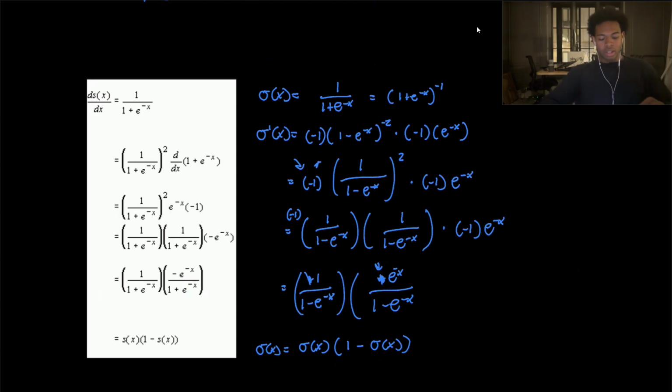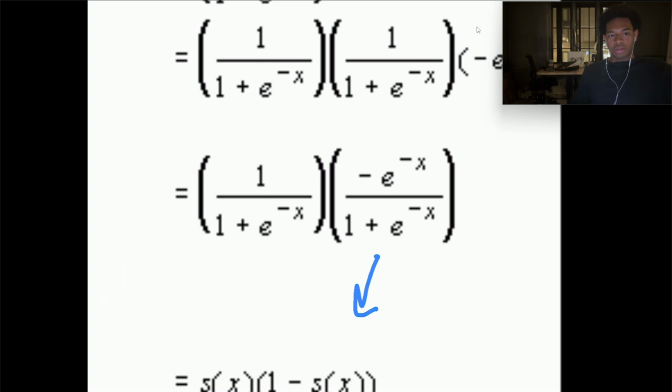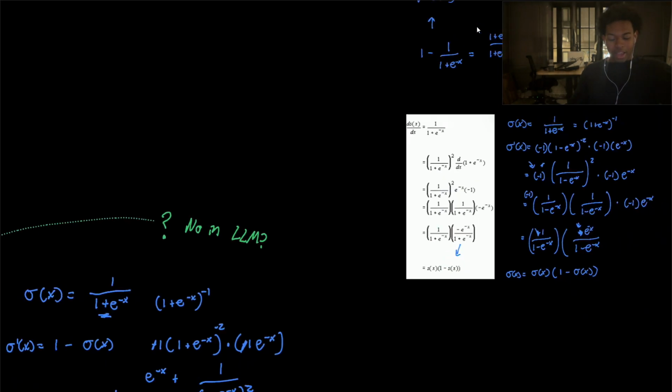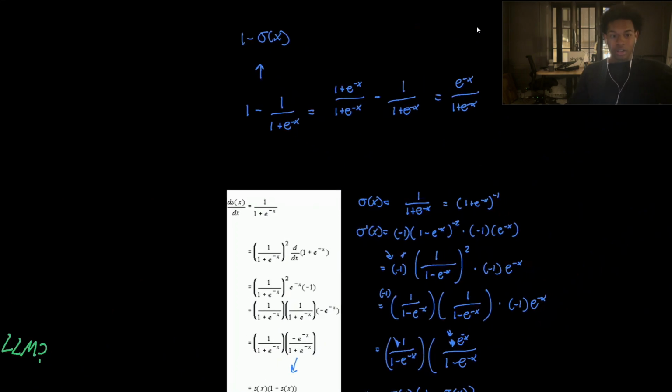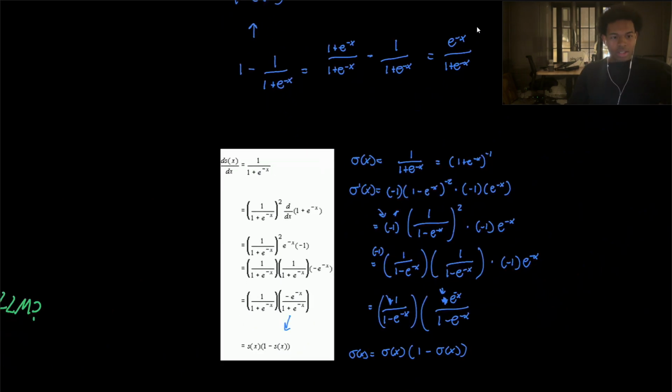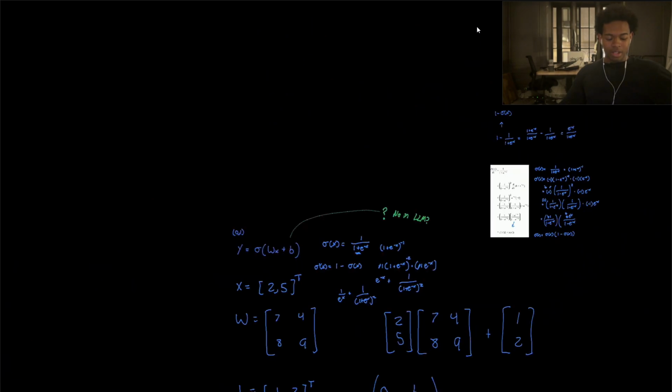And importantly, they go from here to here, but I don't see how you get from here to here. I don't think that identity holds. I am very open to being wrong. This is weird that I just walked it through. Maybe I'm tired. Maybe it's the end of the day. I don't know what's going on, guys. Okay.